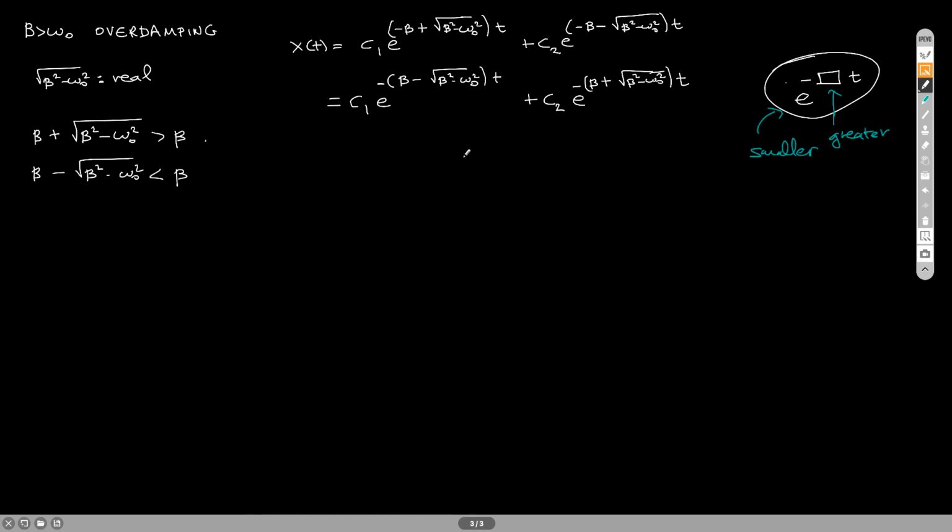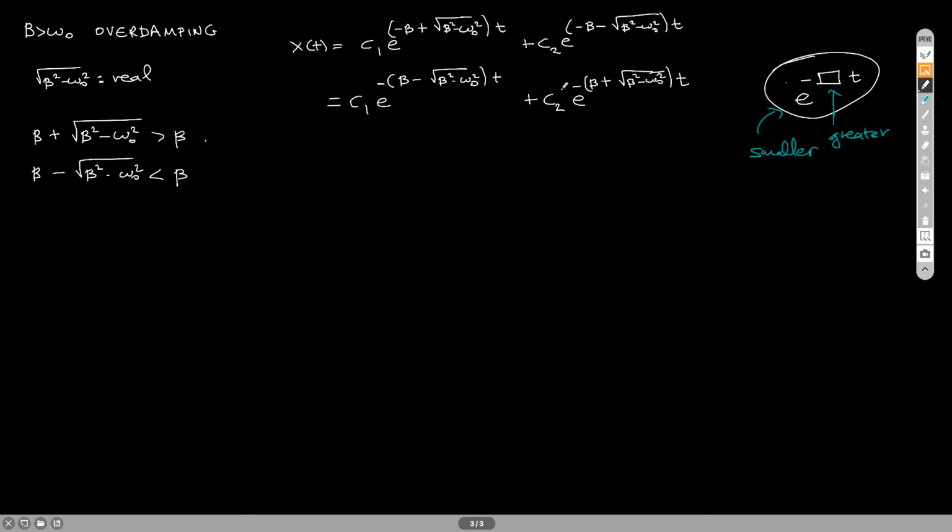So this means this exponential is greater. It is more positive than what this is. Now, practically speaking, what this means, since this will always be greater than this, the entire second term will always be smaller than this.